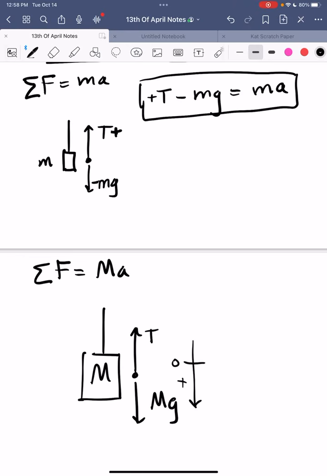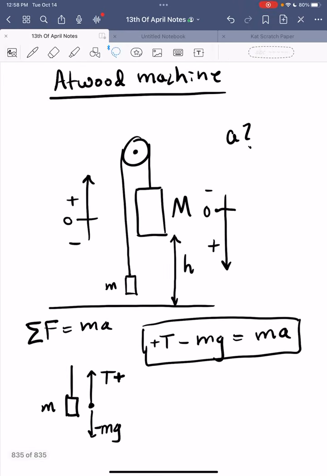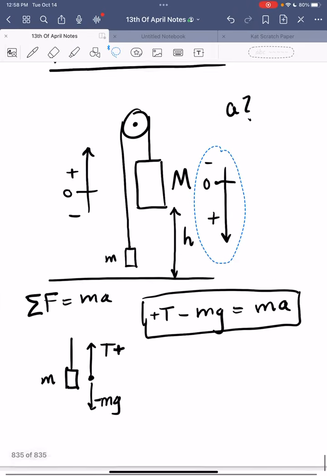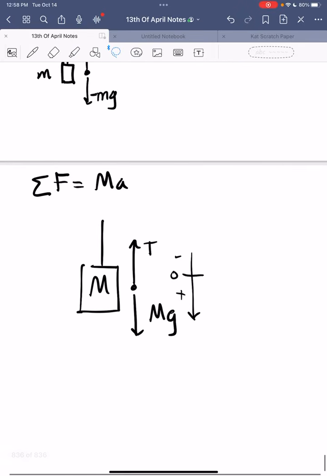It's positive down and it's negative. And you can see that if you remember, this is how we did it. We set it up like that. It's naturally going to have the larger block fall down, the little block will go up, and so the direction it naturally moves in, I'm just calling the positive direction. All right. So now I do the sum of the forces, and so Mg has got to be positive and tension has got to be negative because tension is pointing in a negative direction.